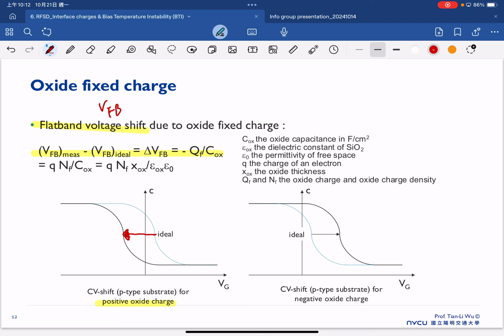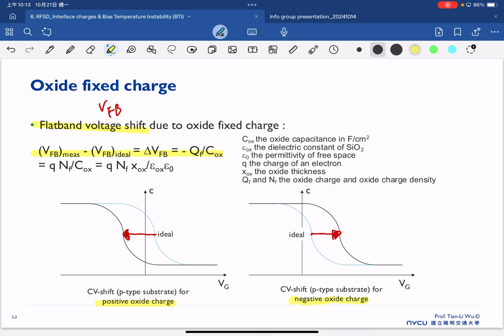So once we have a negative flat band voltage shift, that always indicates we have a positive oxide charge. On the other hand, if our CV curve is shifted to the right, that means we have a negative oxide charge, as shown here.